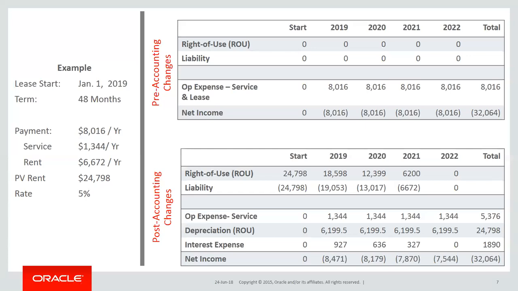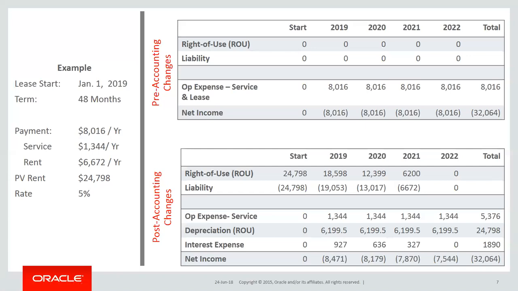For IFRS, however, there is a front loading of expenditure. Initially, your expenses are going to be a little higher, but as time passes, as you come closer to the end of the lease, your expenses are going to go down. And finally, the total expenditure, the 6672 multiplied by 5, is going to be split between your depreciation and interest expenditure. And this process has been established as part of phase 1 of our project. And we use that same process of calculation of this interest, amortization, and ROU and lease liability, the present values, all is part of our phase 1, where we built all this infrastructure for you.